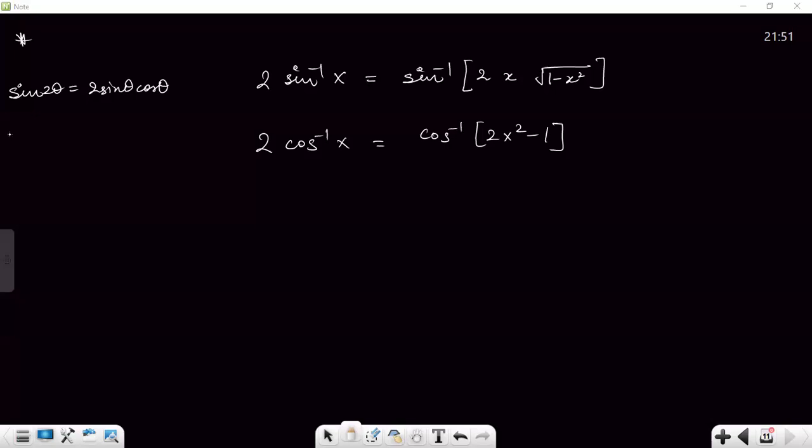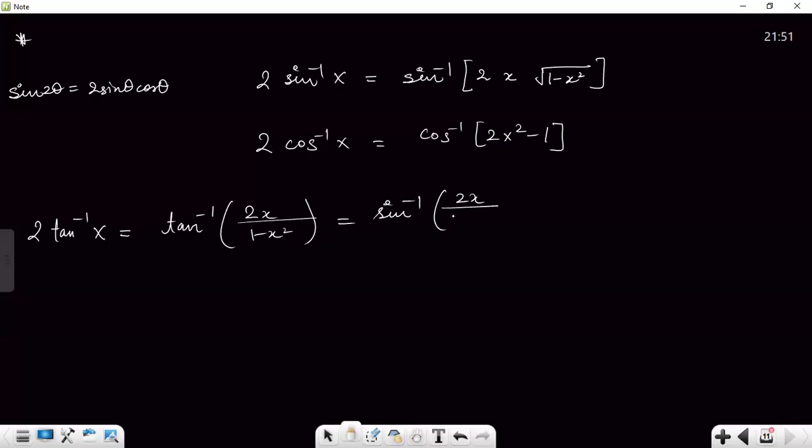This time we'll have a lot of formulas for 2 tan inverse of x: tan inverse of 2x divided by 1 minus x square, which is equal to sine inverse of 2x divided by 1 plus x square, which equals cosine inverse of 1 minus x square upon 1 plus x square.